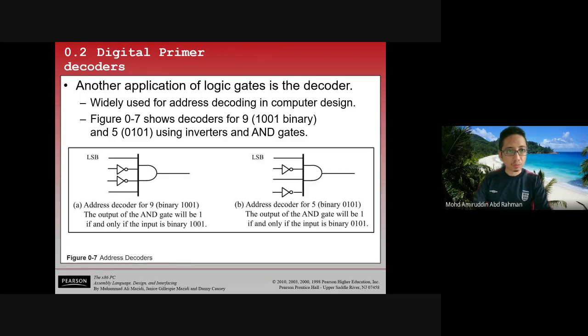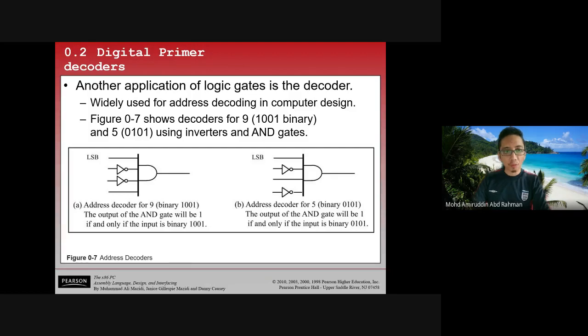So over here, the output of the AND gate will be 1 only if the input is that binary.